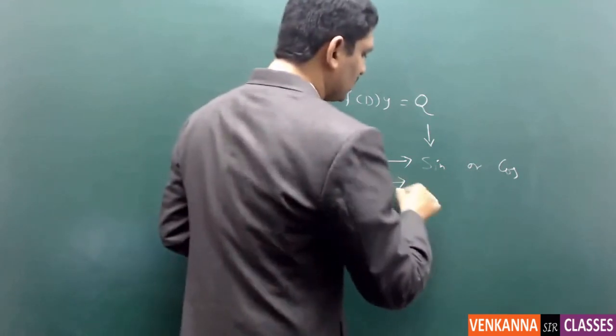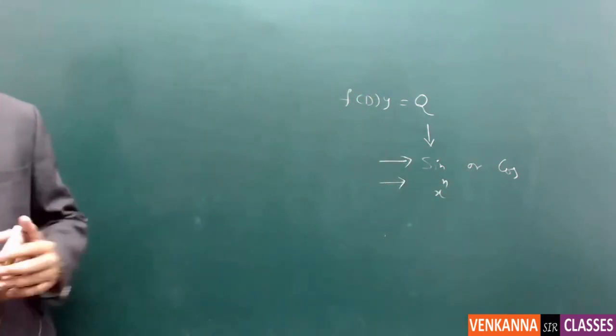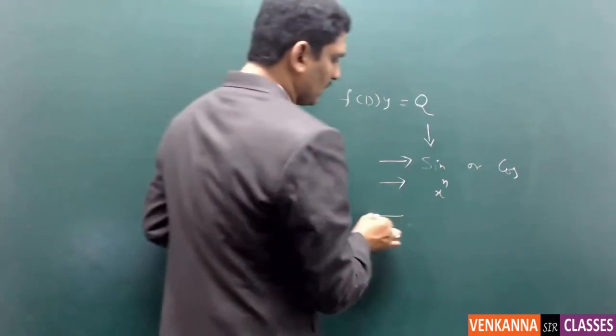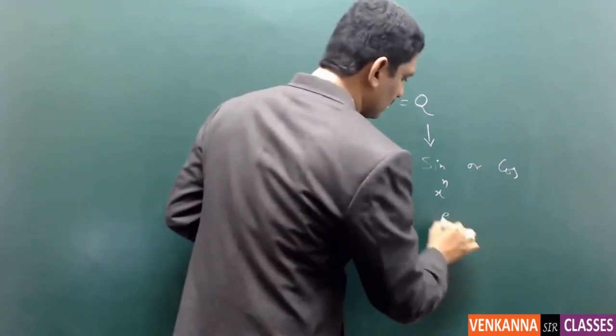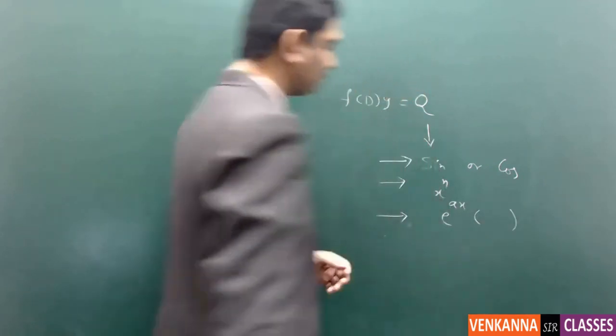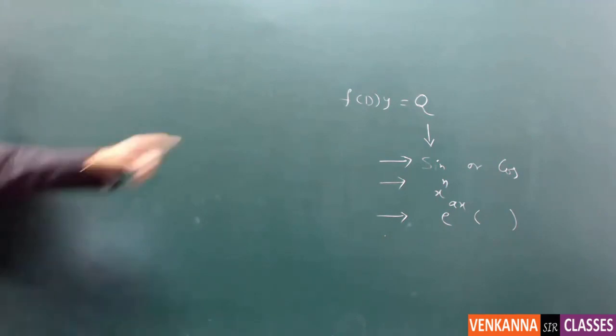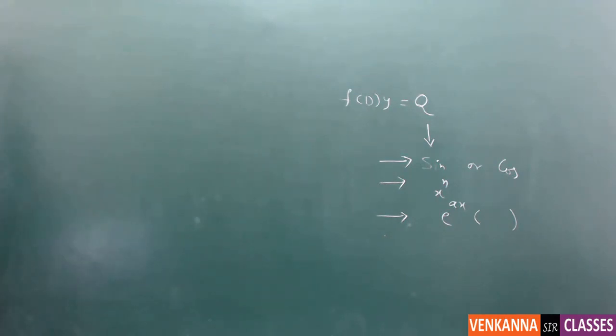If right side function Q is of the form x power n, that is one, and the other one e power ax into some function. So we are going to discuss about these three models in today's session first. Okay? Is the module clear?